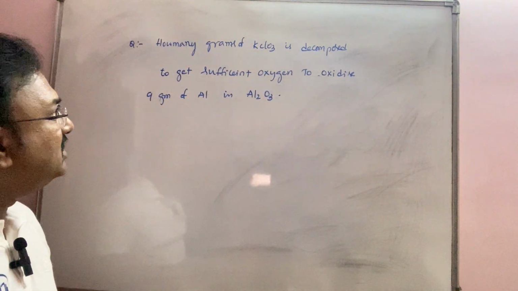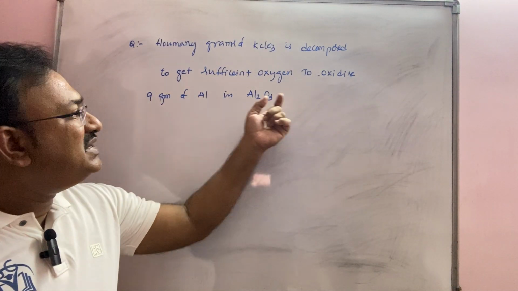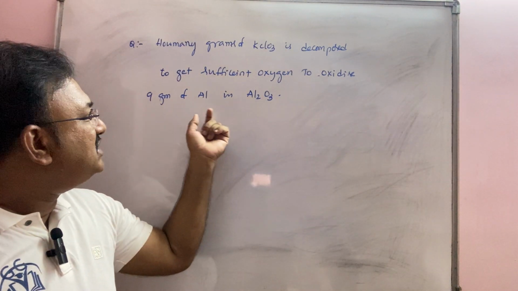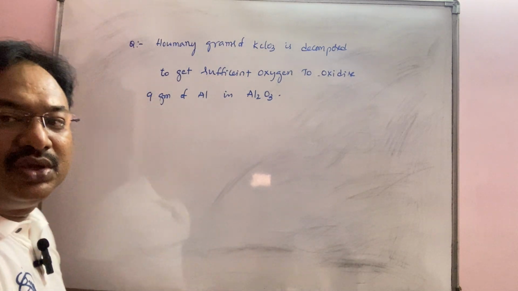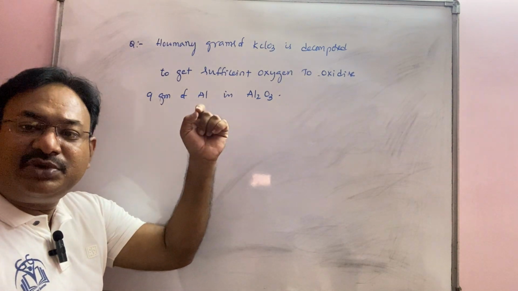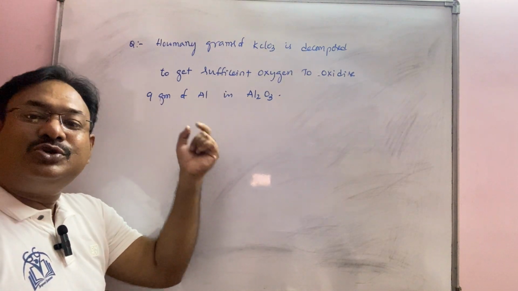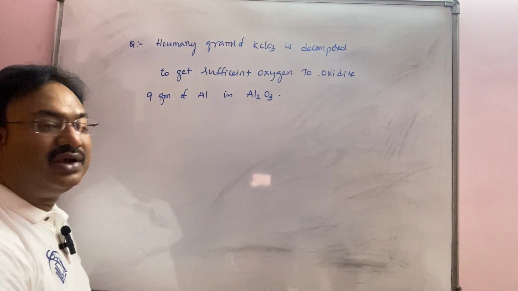So this is the question. First you go through the potassium chlorate decomposition; the oxygen we get from it is what we have to use to oxidize the aluminum.